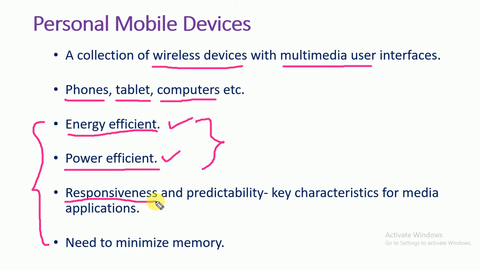But when we access the same site on a mobile device, that same page is compressed or reduced to fit the size of that particular mobile screen. So that property is called responsiveness.